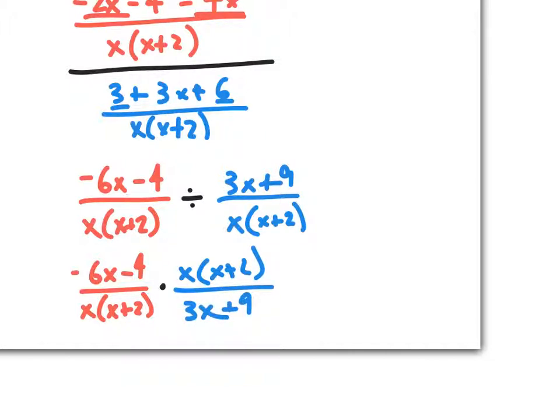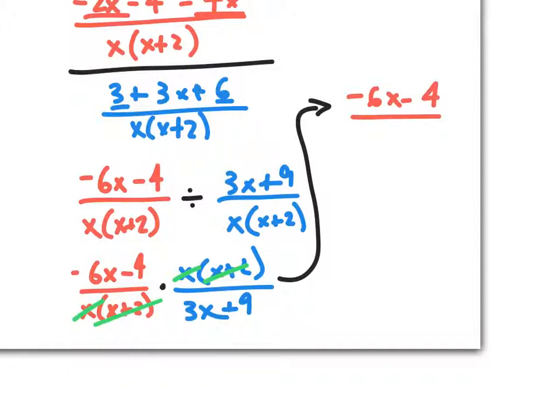Now, what ends up dividing out here are my x's and x plus 2's. Okay, those are going to divide out. Okay, as a result, we're going to get negative 6x minus 4 over 3x plus 9. Okay, and we can, if I factor out, I'm going to just leave my answer like this.